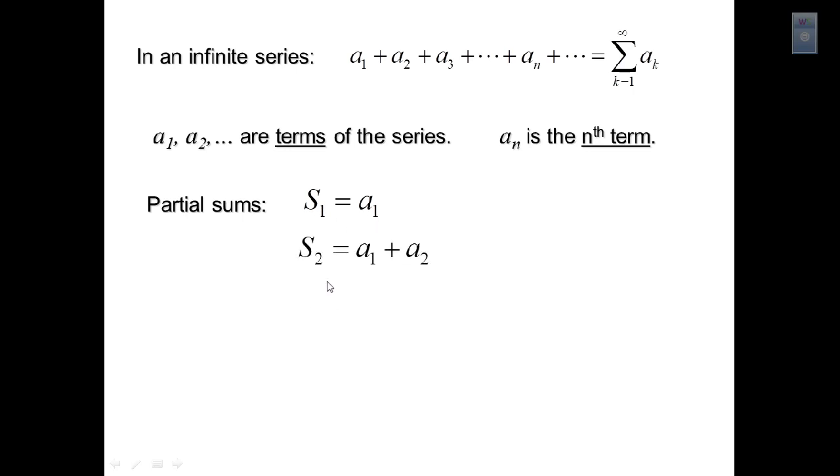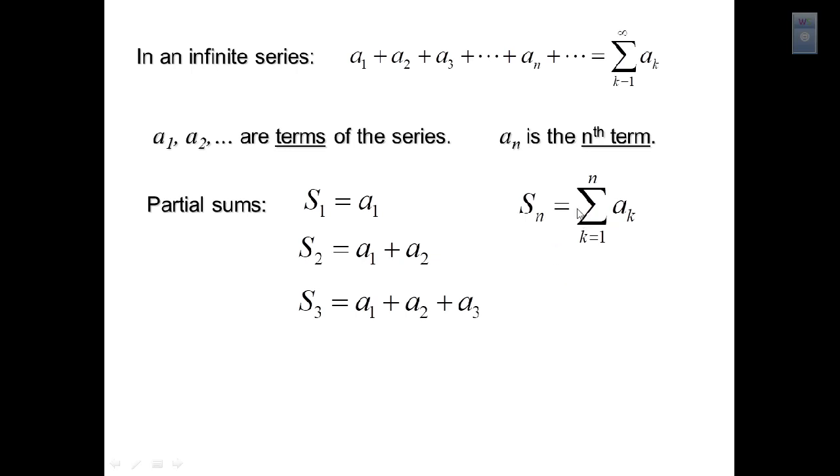If we had S sub 2, that would be a sub 1 plus a sub 2, and so on and so forth. S sub 3 would be a sub 1 plus a sub 2 plus a sub 3. So S sub n is equal to the sigma notation from k equals 1 to n of a sub k.